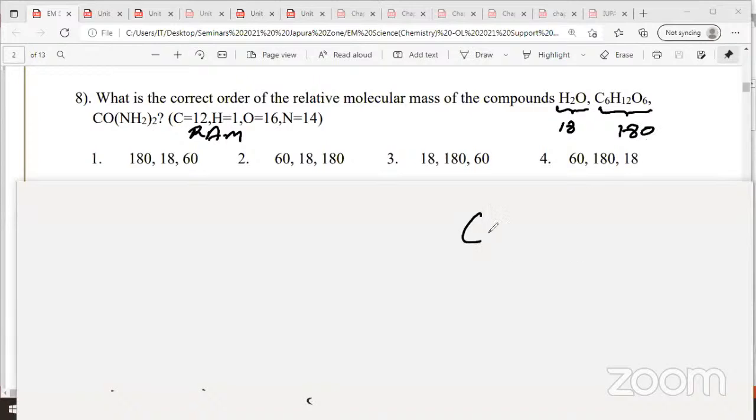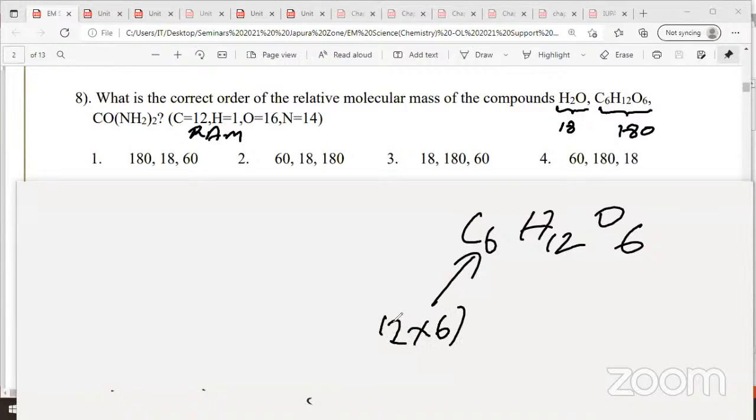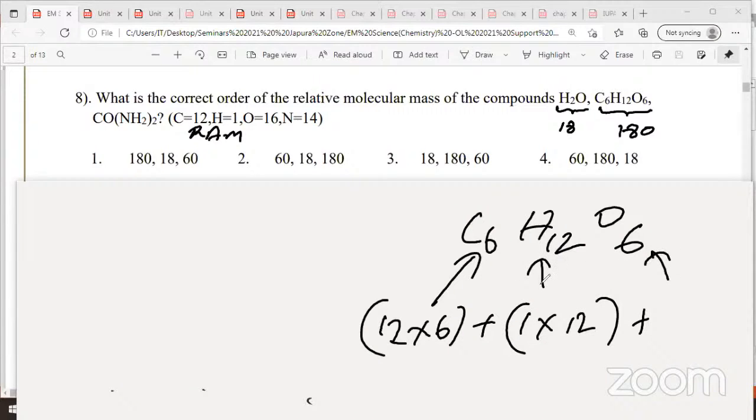How come 180? C6H12O6. 1 carbon atom is 12, so 12 into 6. I think these are basic things, but I write them so that if someone is weak in this, they can at least learn the technique. 1 hydrogen atom is 1, into 12. Oxygen is 16. How many oxygen atoms are there here? 6.